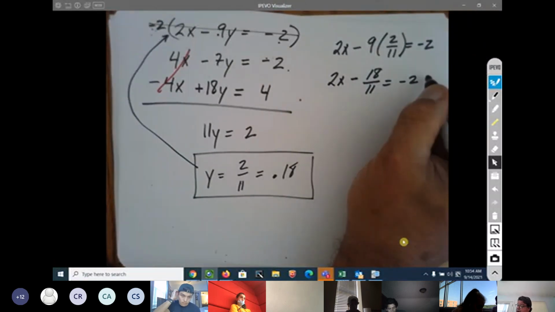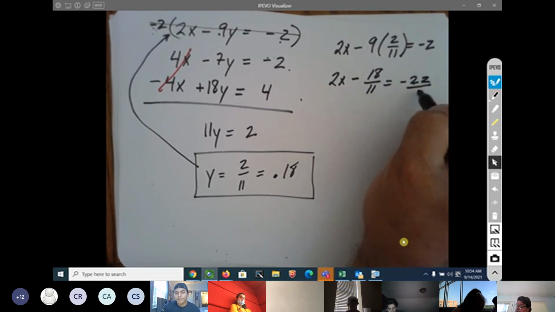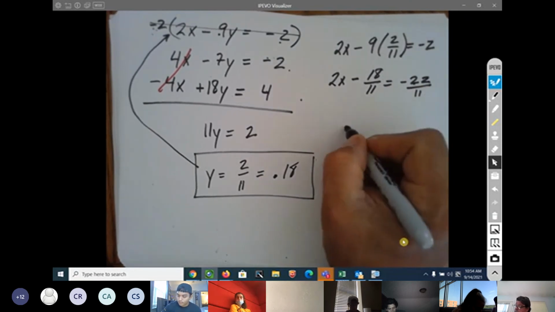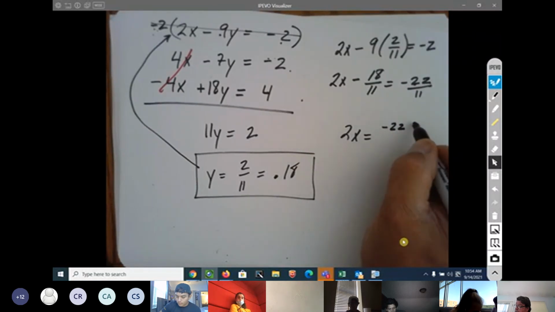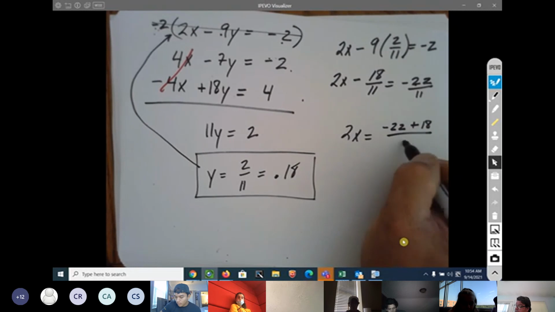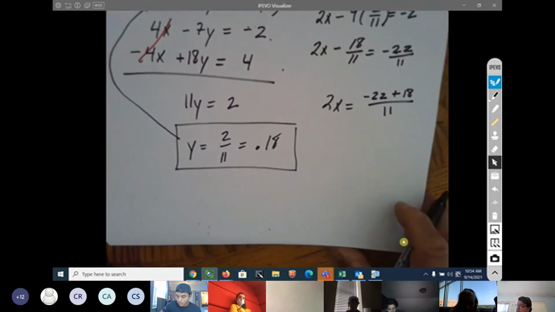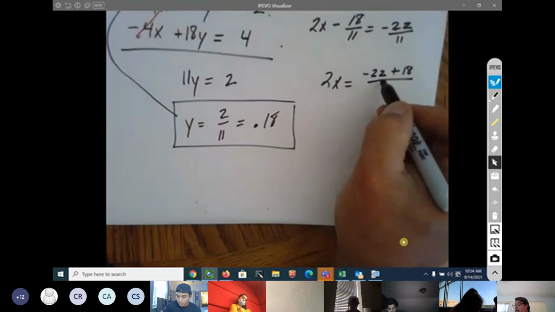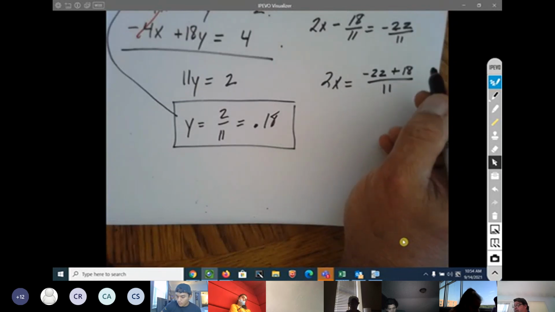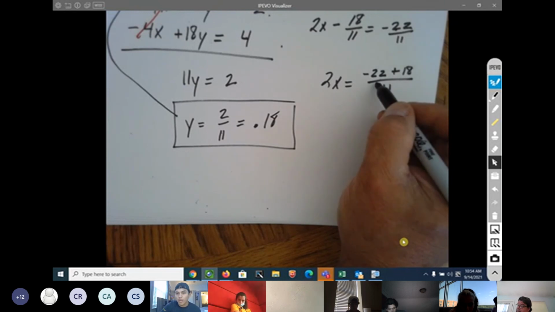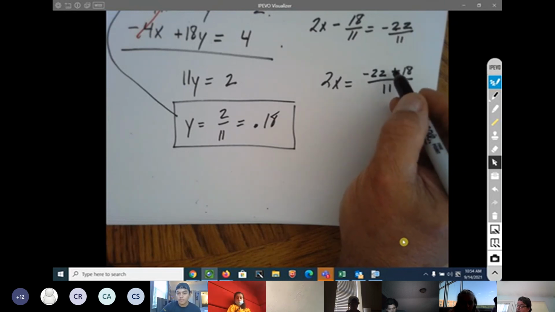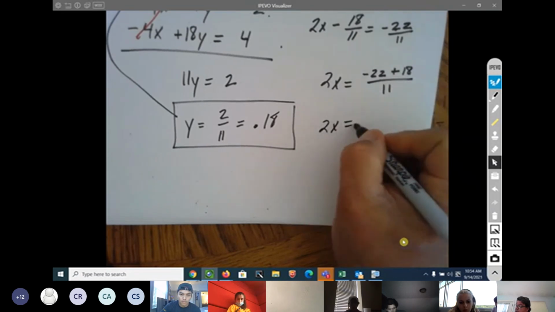Well, I'm going to have to bring this over and add it, so I might as well change that 2 to 22 over 11. So 2x is equal to negative 22 plus 18 over 11. Negative 22 plus 18, I have no earthly idea. So that'd be what, 4? 2x is equal to 4 over 11.